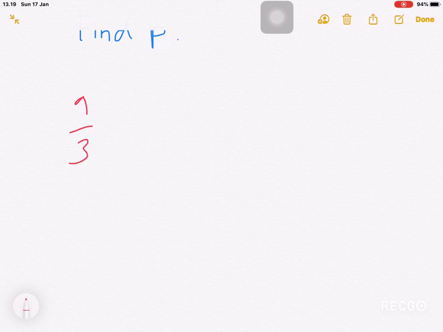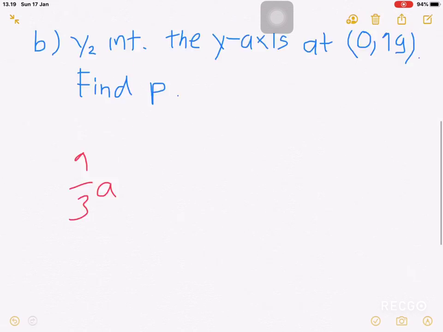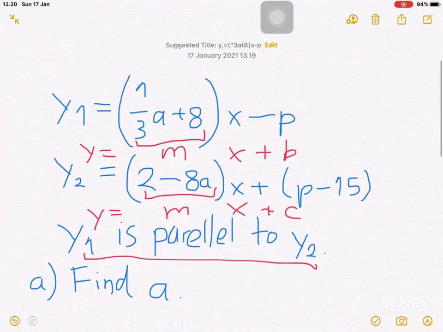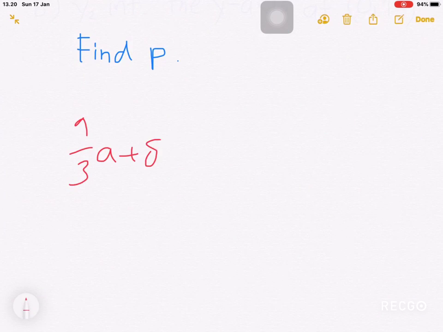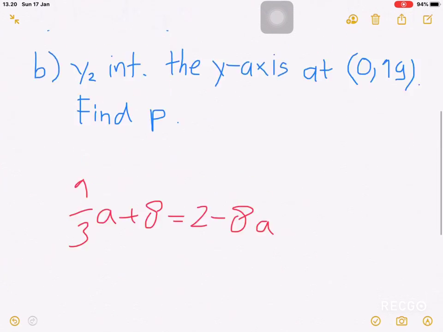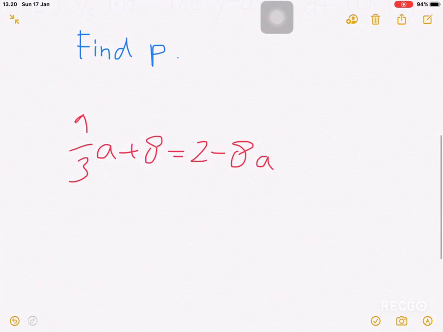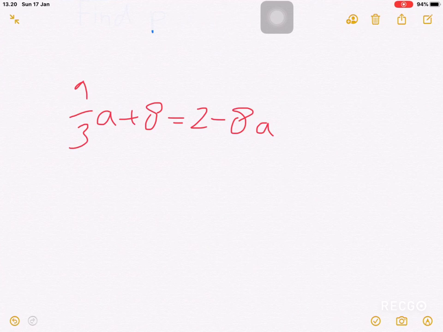So we have 1 over 3a. I'll just write the whole thing right here. Okay, and we have set up our equation exactly as we wanted to.